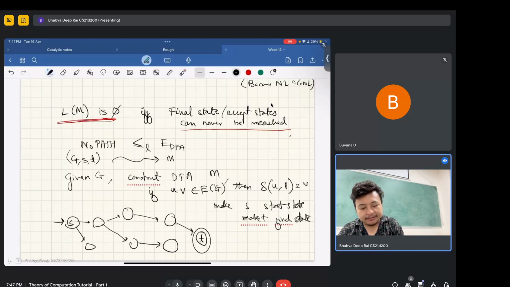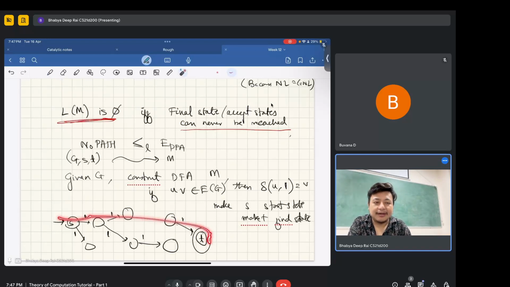On seeing a 1, if there is an edge, then I move to the corresponding state. If the language is empty, the final state cannot be reached. And since the original graph also looked like this, there was never a path from S to T, so the answer for no path is yes.